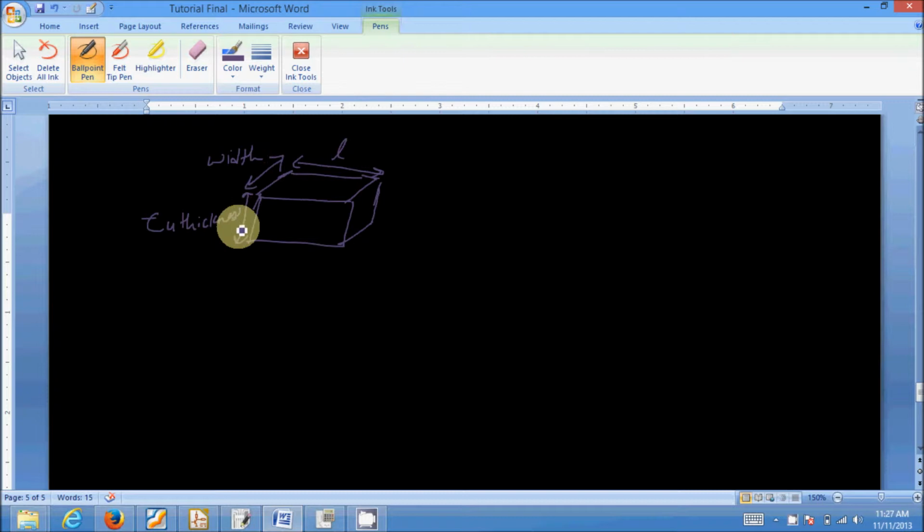what you could observe here is the copper thickness is usually very small and is determined by the fabrication process. So copper thickness depends on the fabrication process. We'll see what the actual values will be, and the length of the conductor is basically the length of the track between two adjacent components.